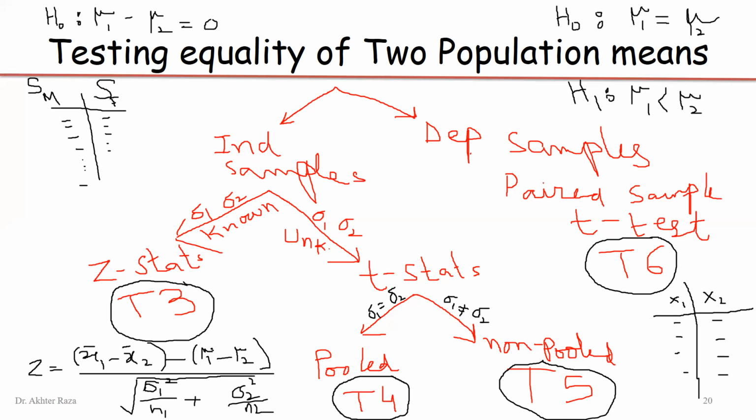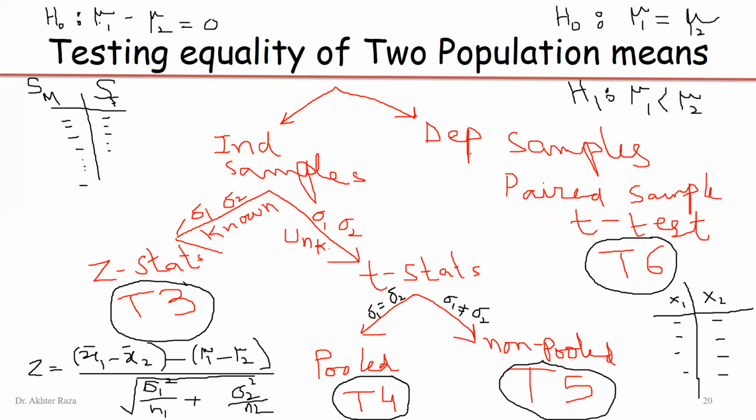In this Z statistic, if the hypothesis is mu1 minus mu2 is 0, then you can place this factor as 0, and the formula reduces to only x bar 1 minus x bar 2 divided by this standard error. So that will be the reduced formula if we are testing this hypothesis as 0.